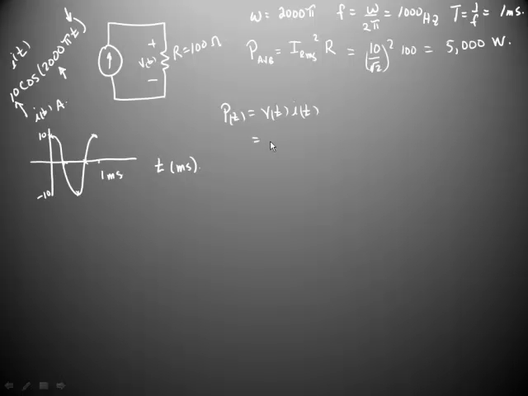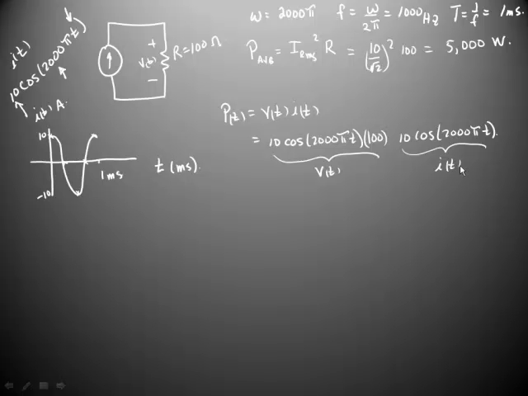That's going to be the current waveform, 10 times the cosine of 2000 pi t, times the resistance, 100 ohms. That's our voltage waveform, V of t, times the current, 10 times the cosine of 2000 pi t, I of t.